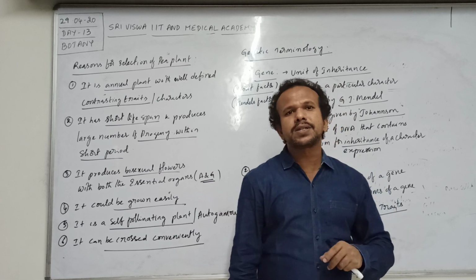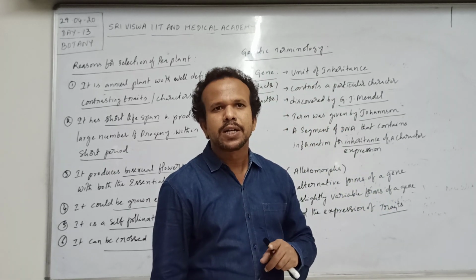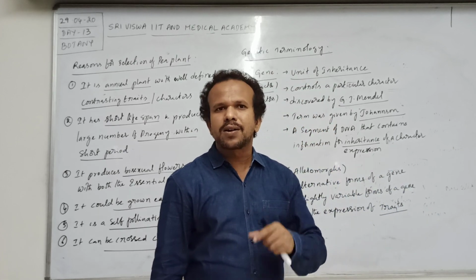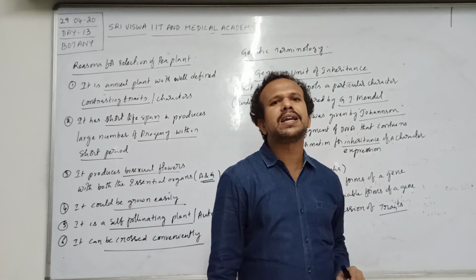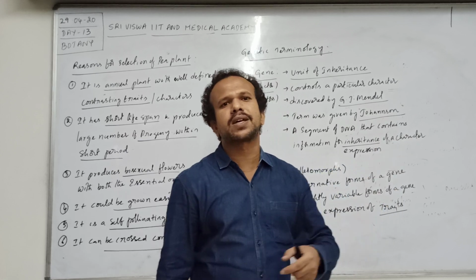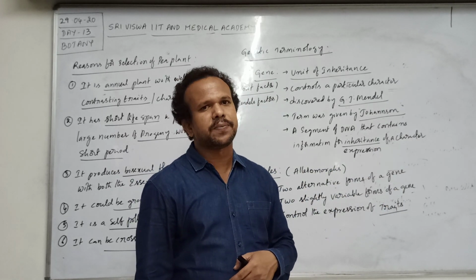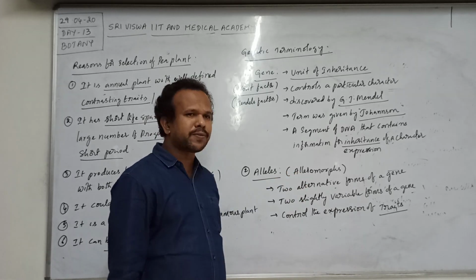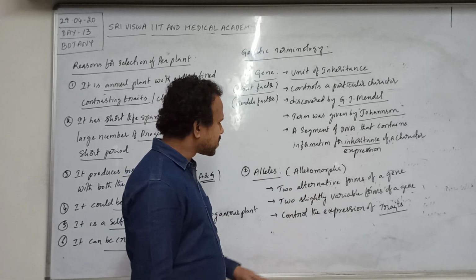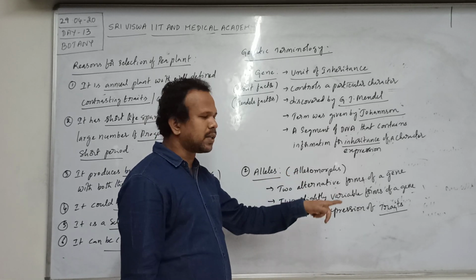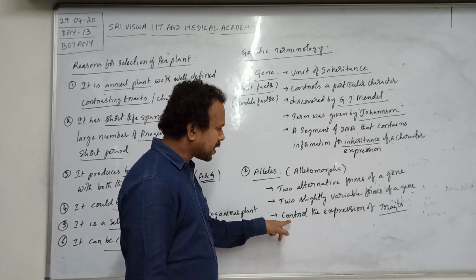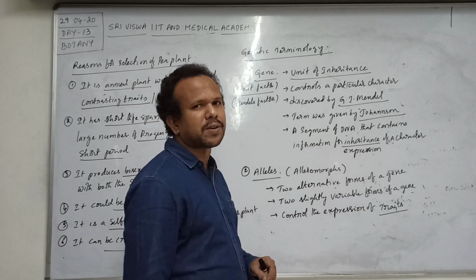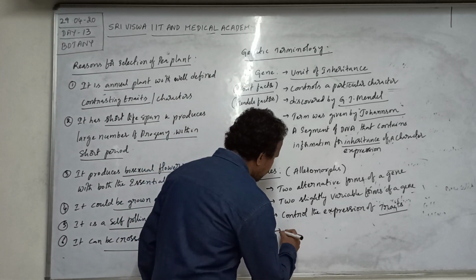Length of the stem has two alternative forms, short and tall, dwarf and tall. The tall character is controlled by one allele. The dwarf character is controlled by another allele. So alleles are allelomorphs: two alternative forms of a gene, or two slightly variable forms of a gene, that control the expression of traits.